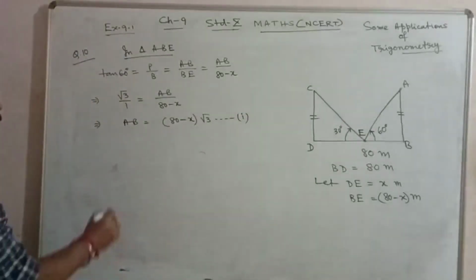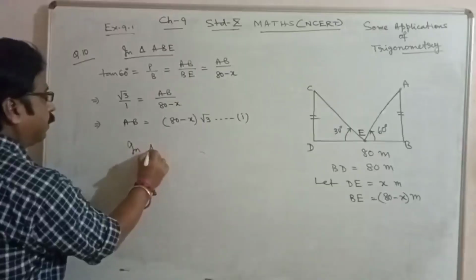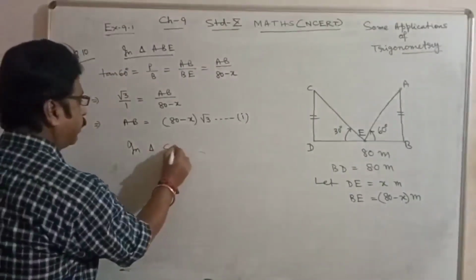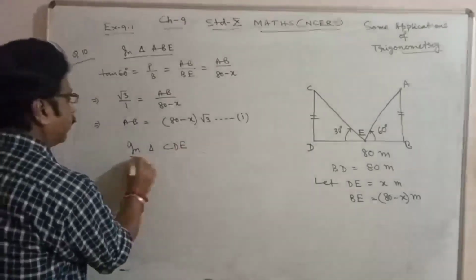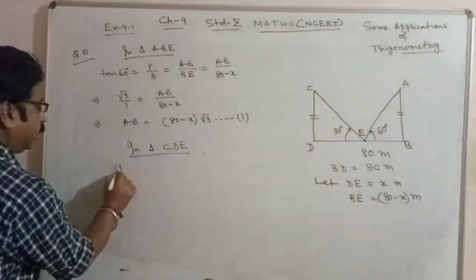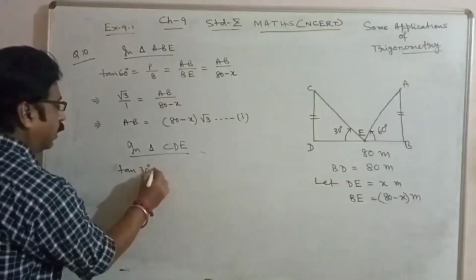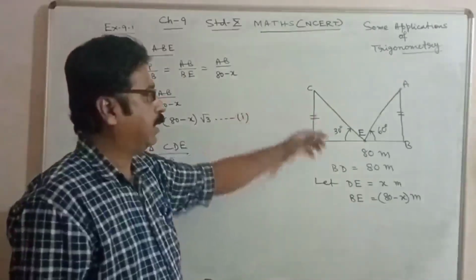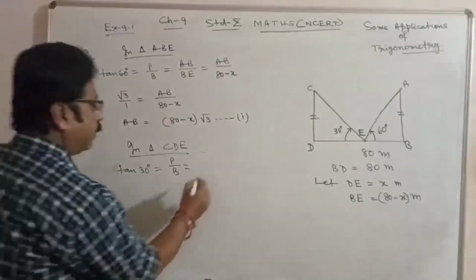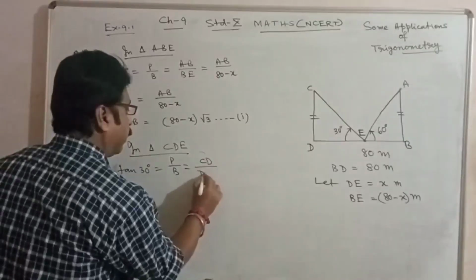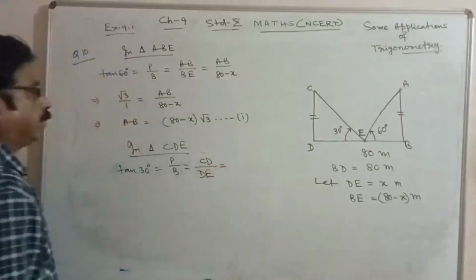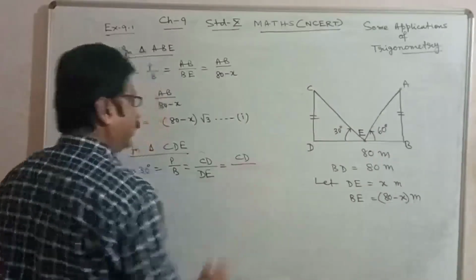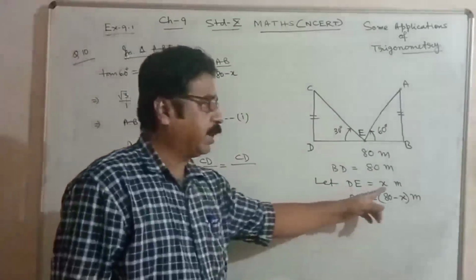Next, in triangle CDE, tan 30 degree is perpendicular upon base. For 30 degree, perpendicular is CD, base is DE. In place of DE, we can write x.